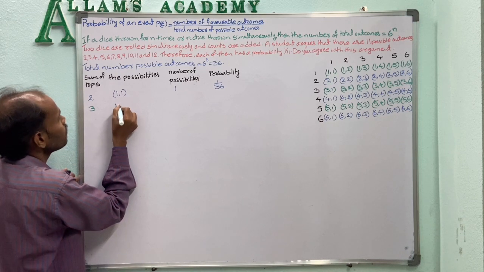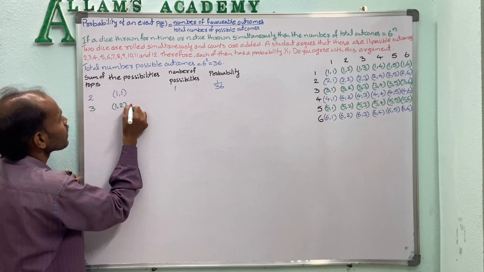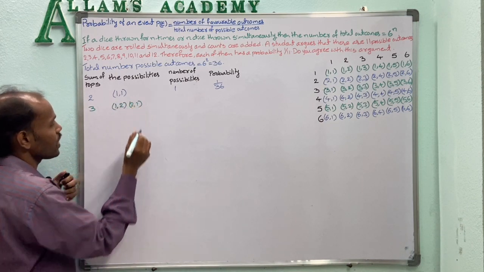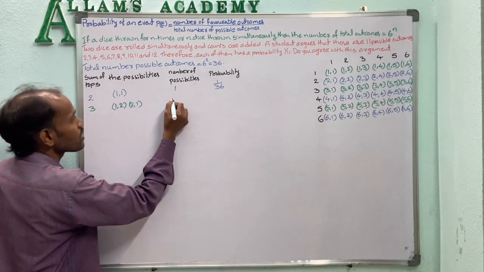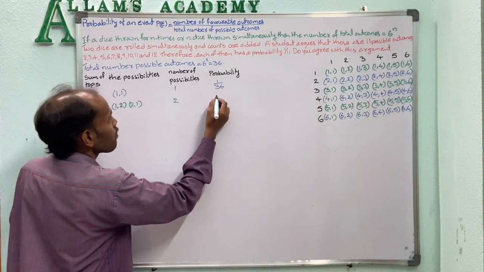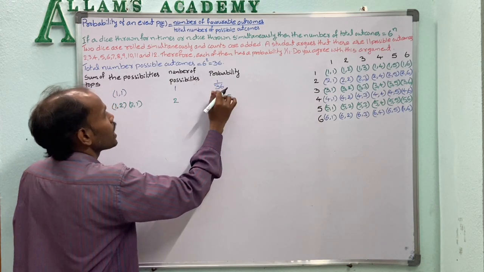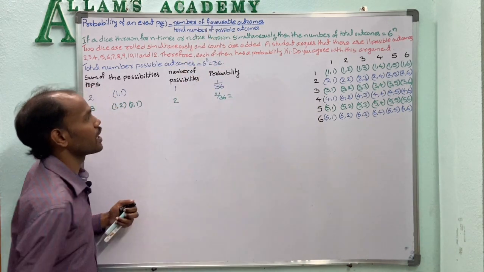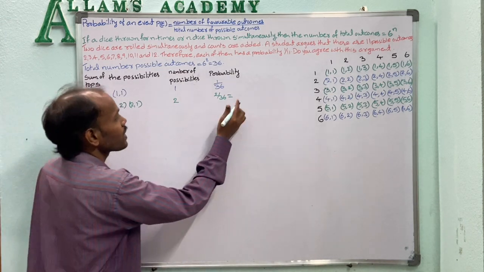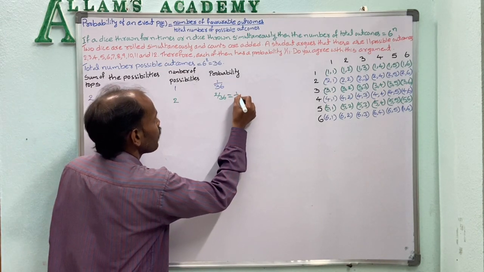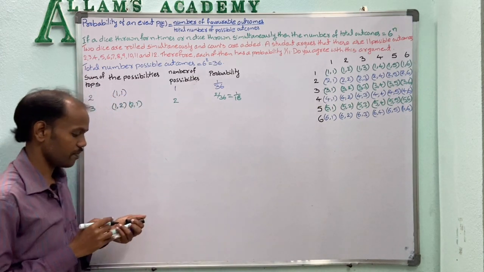So 1 2 and 2 1 are on the top faces, 2 times, which means the probability is 2 by 36, number of favorable outcomes by total number of possible outcomes. 2 by 36 is nothing but 1 by 18.